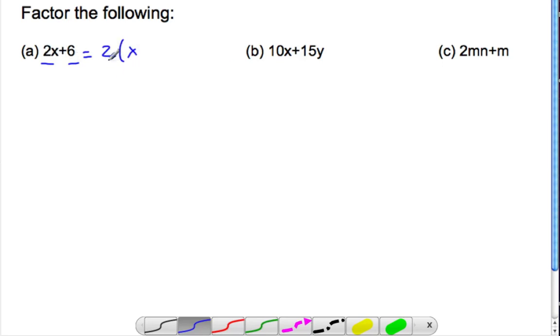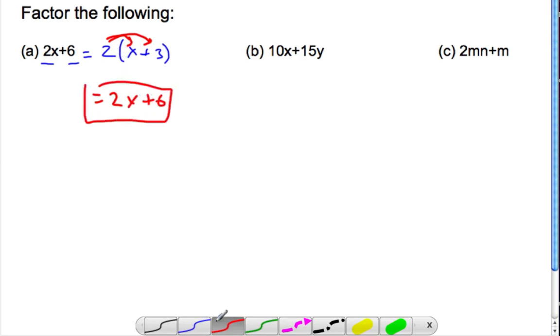And then I think what times 2 gives me 6? And that is 3. So I'm going backwards. If I want to check it, I multiply it back. I go 2x plus 6. This is my check. The blue here, this is the answer. This is my check.